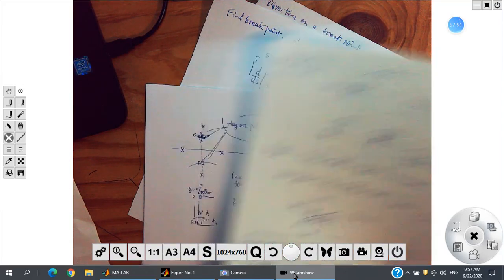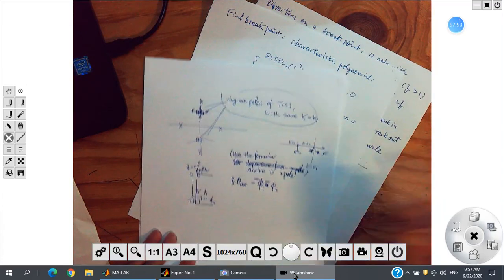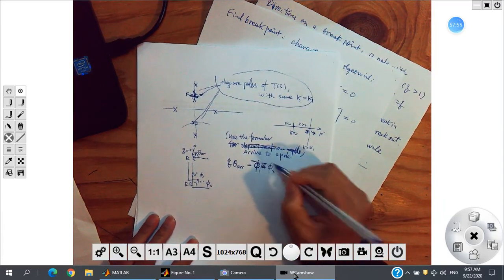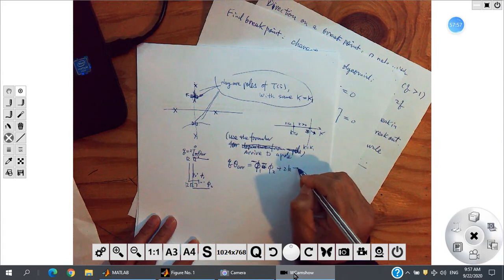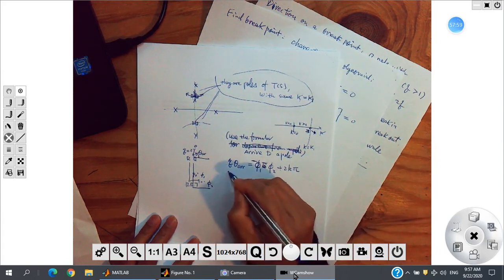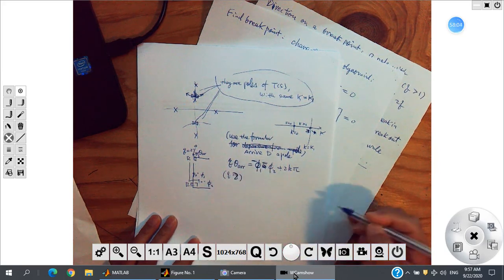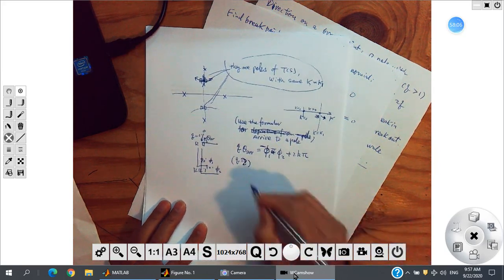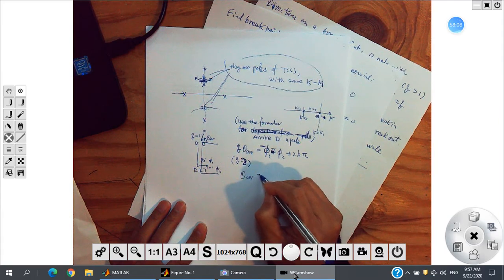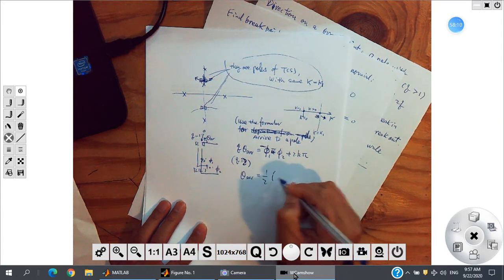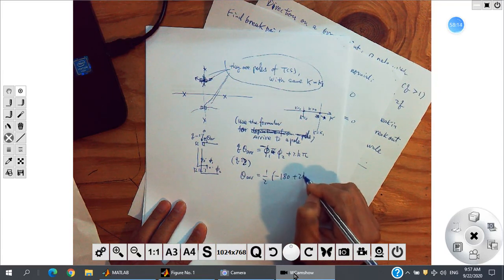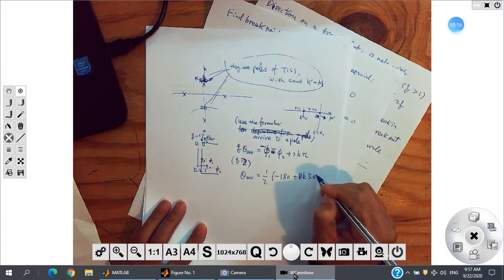Alright. So here is phi 1, then plus 2k pi. This one, Q is 2. So we have arrival equal to 1 over 2 times 90 is 180, plus 2k times 360.